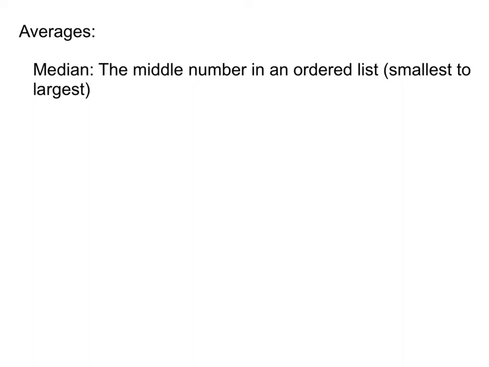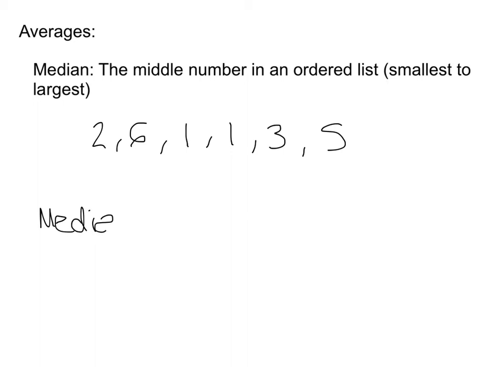If we look at another list of numbers, but this time the list is 2, 6, 1, 1, 3, 5. Now we have an even number of numbers. That's going to make a slight difference to my median. So again, I do the same first step, and to do that, I order my numbers. So this will be 1, 1, 2, 3, 5, and then 6.